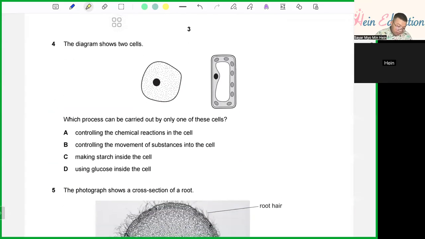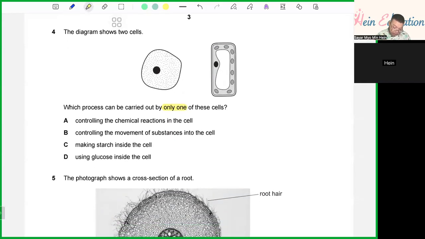And question number four, the diagram shows two cells, and we can see an animal cell and a plant cell. Which process can be carried out by only one of these cells? Number one, controlling the chemical reactions in the cells: every cell can control it, so both can. Controlling the movement of substances into the cell is about the cell membrane, so both can do it.